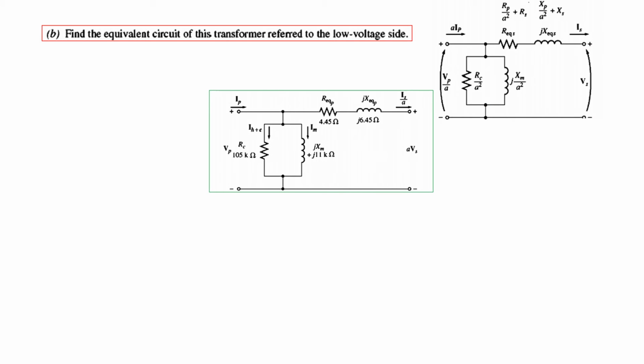A couple of differences will help you understand. See the current. Here the current was I primary. Now in this case the current will be A times I primary, which is also equal to I secondary. Also the voltage here, in the earlier case it was Vp, but when it is referred to the secondary side it will be Vp over A, and similarly the other component values.